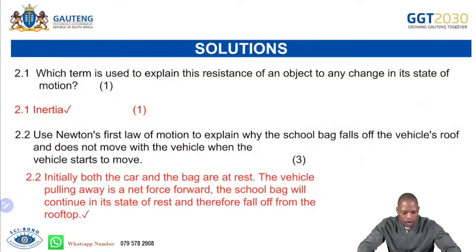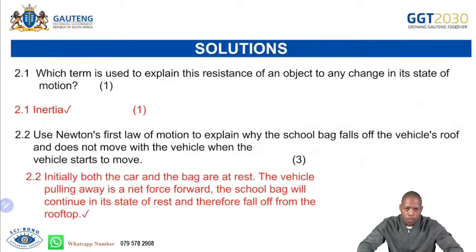Then the vehicle pulling away is a net force forward on the vehicle, by the way, not on the school bag. So there's a net force acting on the vehicle, but not on the school bag. The school bag will continue, according to Newton's first law of motion, in its state of rest. So it wants to continue where it is at and therefore falls off from the roof of the car or the vehicle.